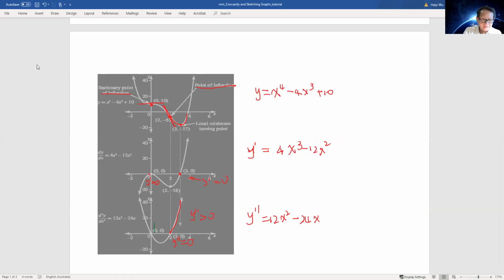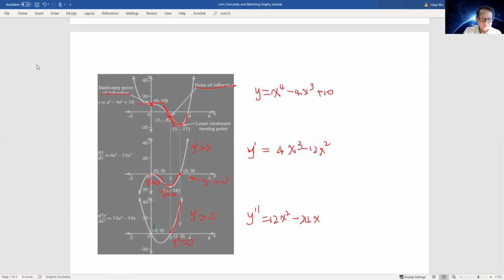So if you look at this section here, this is below 0. So this section is y dash less than 0. Can you see this section is less than 0? And the graph goes down, so it decreases. Then this goes up, so the graph goes up. So this is positive, y dash positive.